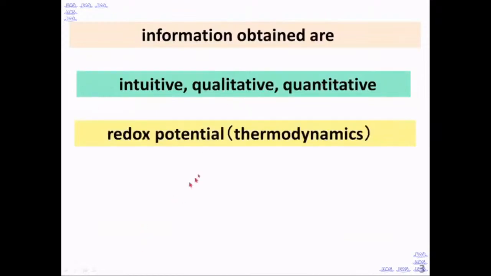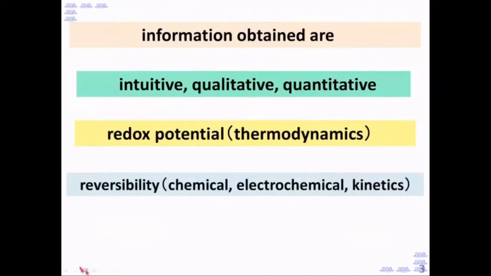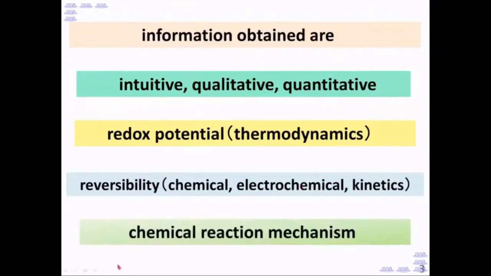Redox potential is a thermodynamic parameter, and reversibility, chemical and electrochemical kinetics. This is another important area of physical chemistry, kinetics. And we can obtain the chemical reaction mechanism by this method.